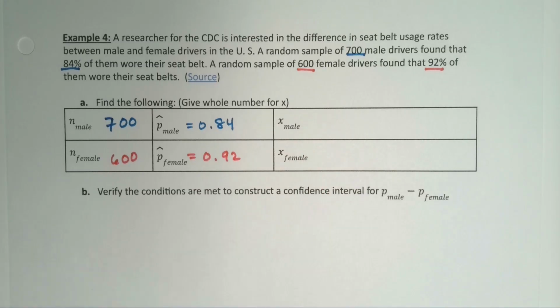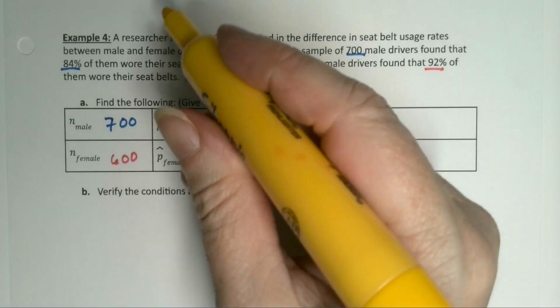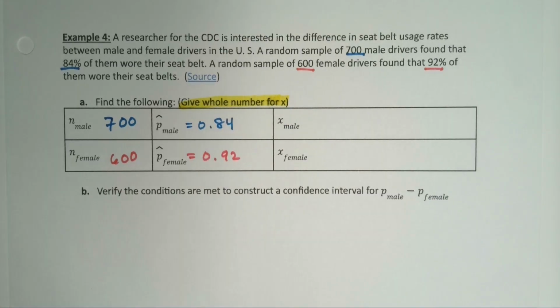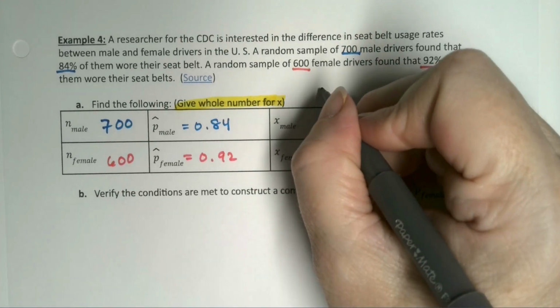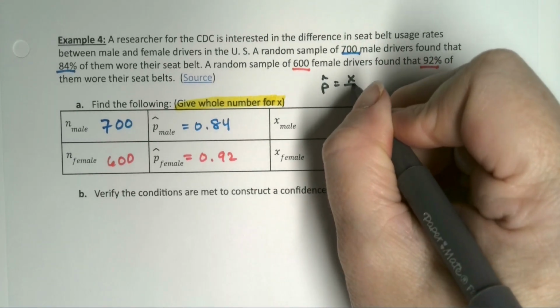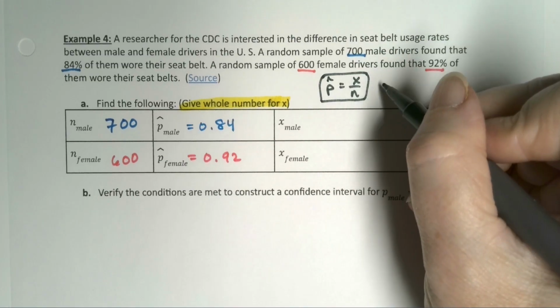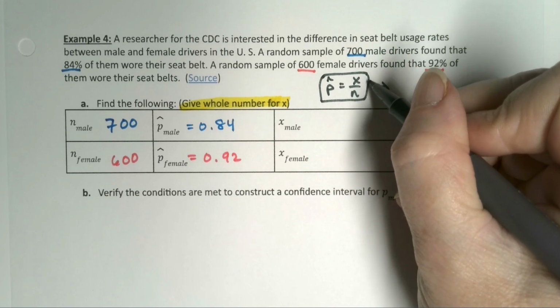All right, now it wants us to find x, and it wants whole numbers for x. Okay, so let's think about that for a second. P hat is x over n. We've known that for a long time. If p hat is x over n, then to solve this for x, you would multiply by n.